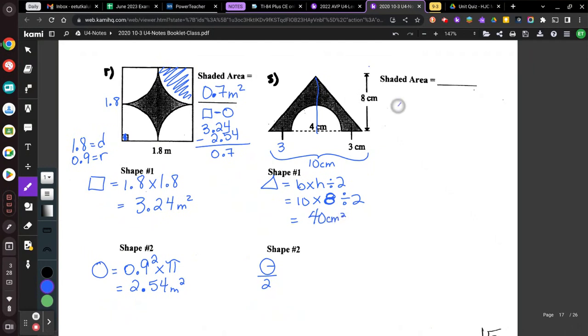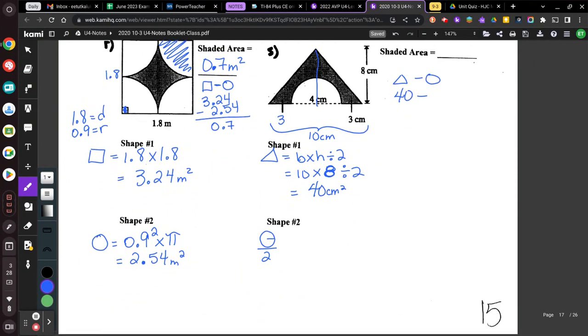To find the shaded area, we're going to need to go triangle, subtract circle. So we're going to have 40 centimeters squared, subtracting something now. So our circle's dividing by 2. Our diameter is 4. So that means radius is half of that. It's 2. So that means I'm going to have 2 squared times pi.